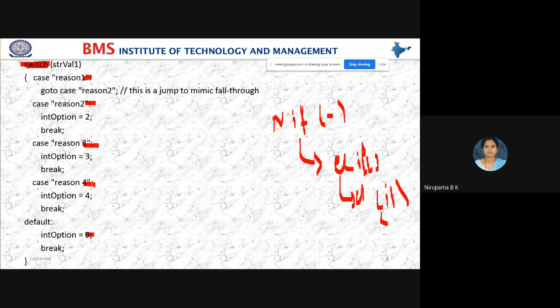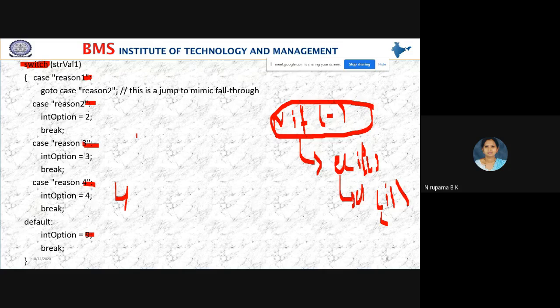Instead of checking the first condition first, in switch case I can give my choice directly. I don't want to waste my time executing all the cases. I want to directly go to case 4.